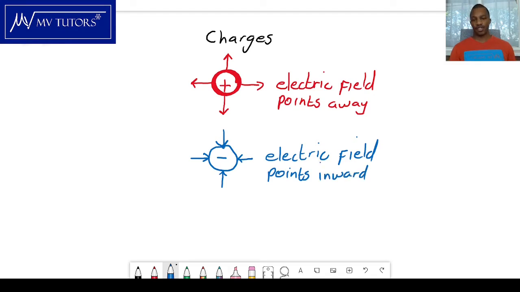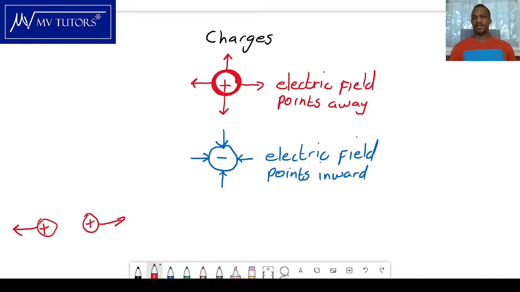Now, if for example you have two positive charges, what happens? They basically repel each other.